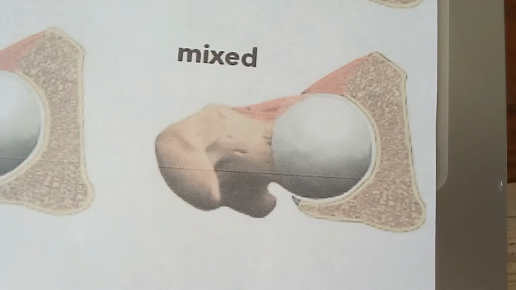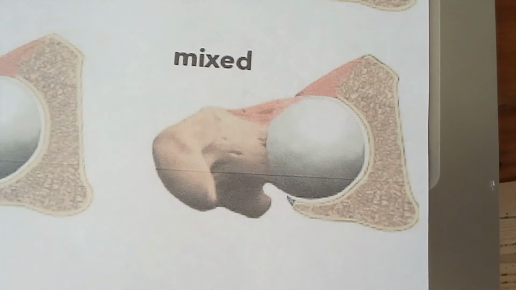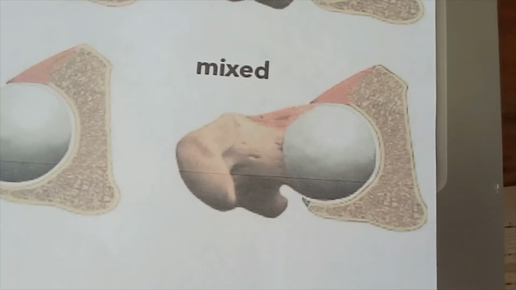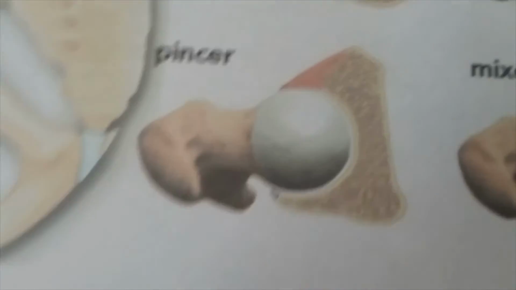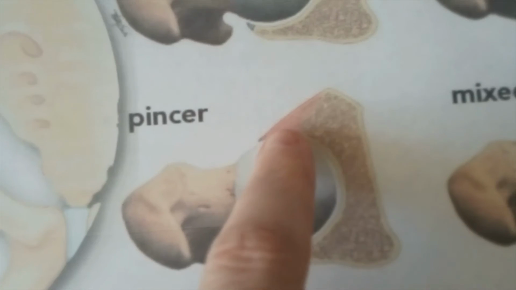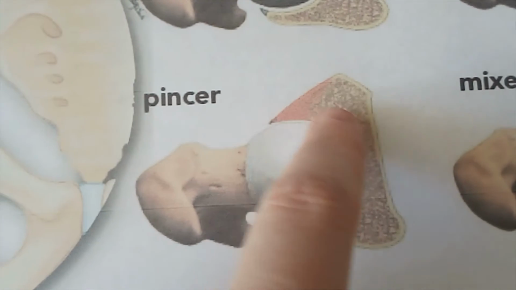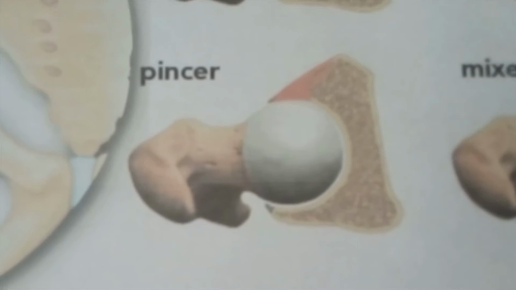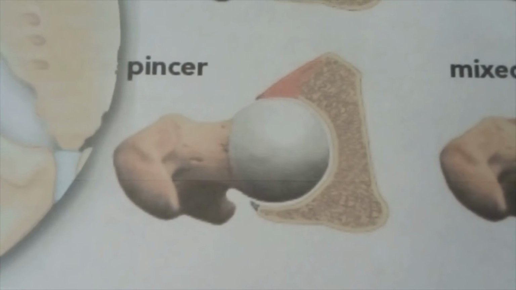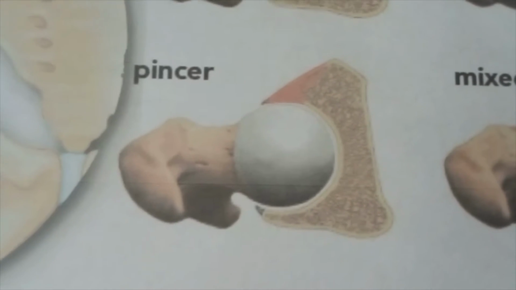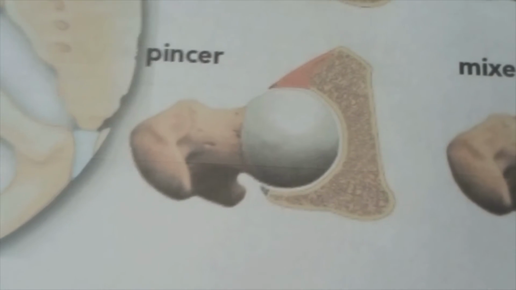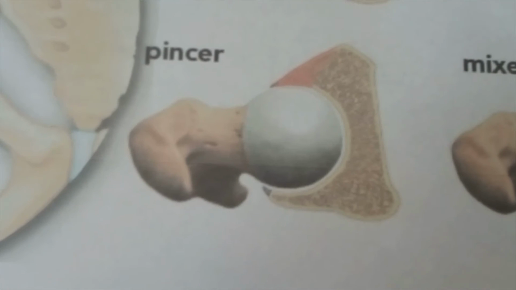Now, cam impingement occurs more often in males, while the pincer, which was the one where the bone spur is on the rim of the acetabulum, is more common in females. And this is most likely due to the anatomical differences in the pelvis between male and female.